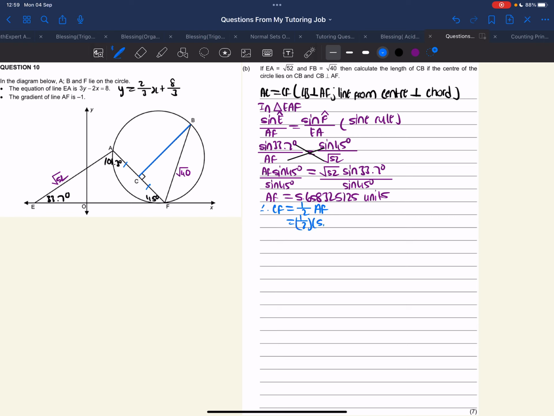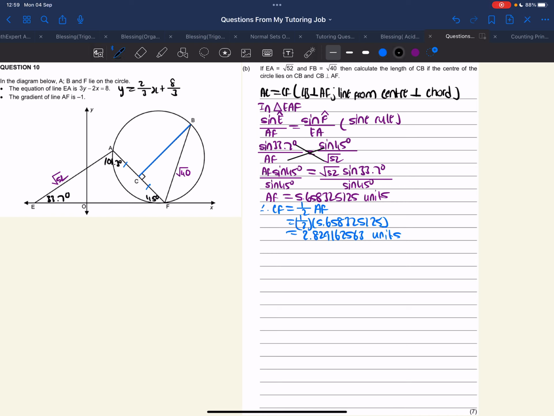So it's going to be half of 5.658325125, and it's going to give me 2.829162563 units. Okay, so now I have the length of CF.